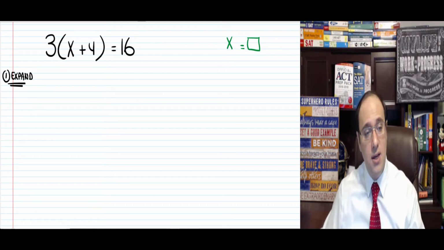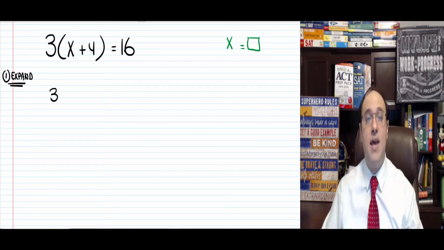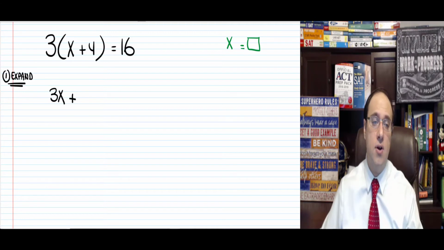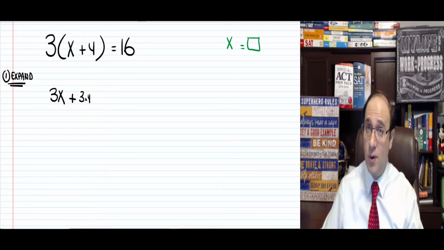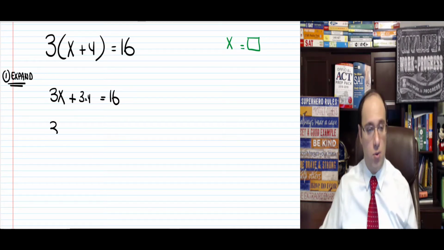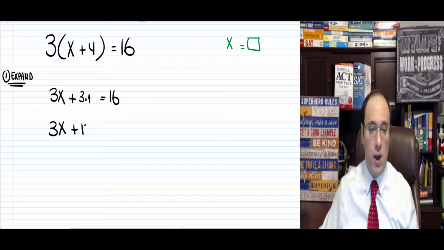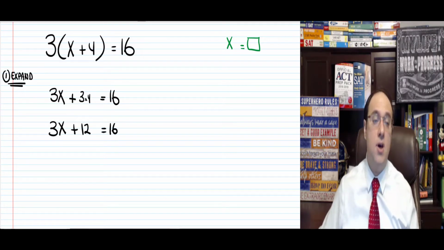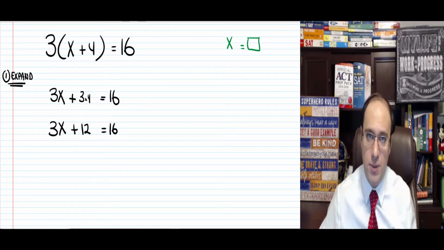So 3 times x plus 4 is 3 times x plus 3 times 4. Okay, I just expanded. 3x plus 3 times 4 equals 16. So 3x plus 12 equals 16. Super. Now this is going to be easy.